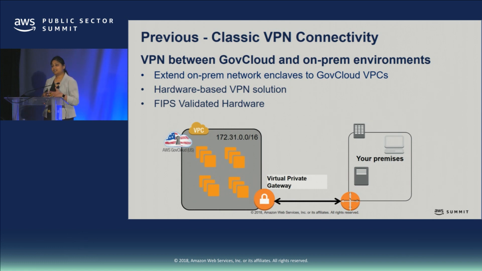These IPsec tunnels are going to be hardware-based VPN connections, and each time you set up a VPN connection, there's essentially 2 IPsec VPN tunnels terminating to the AWS endpoints. And these AWS endpoints run on FIPS validated hardware on the AWS side.